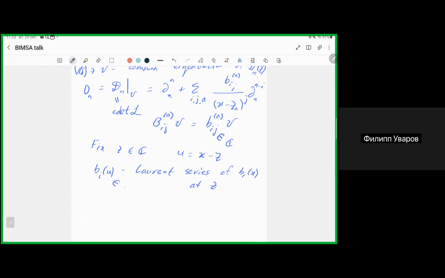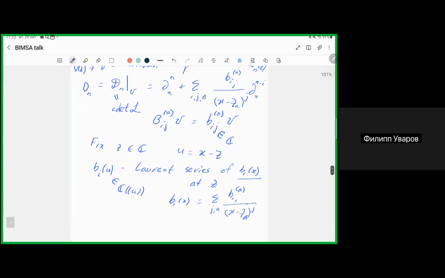So this is a series in u. And what is b_i of x? Well, these are just coefficients in front of d^{n minus i}, right? So b_i of x here is just the sum over j and a of b_{ija} over (x minus z_a) to the power j.